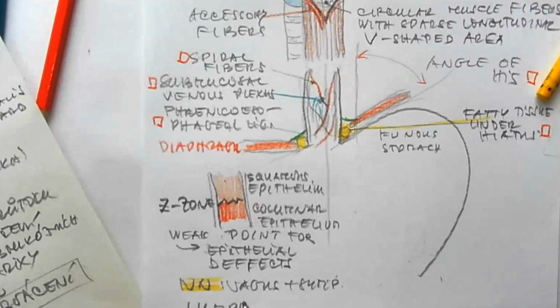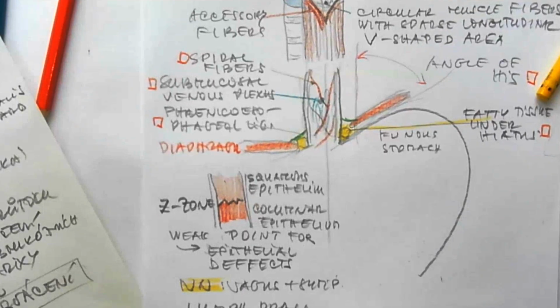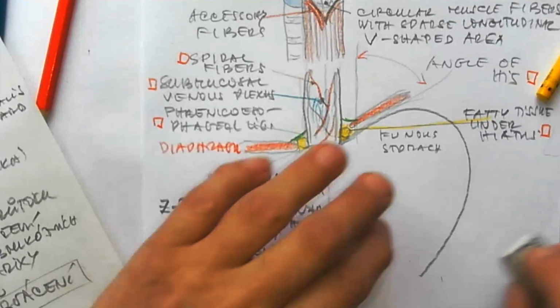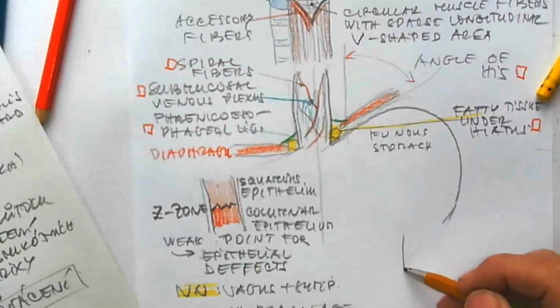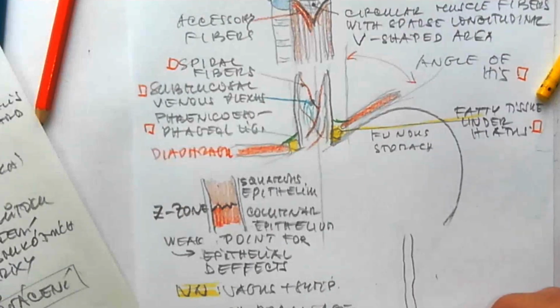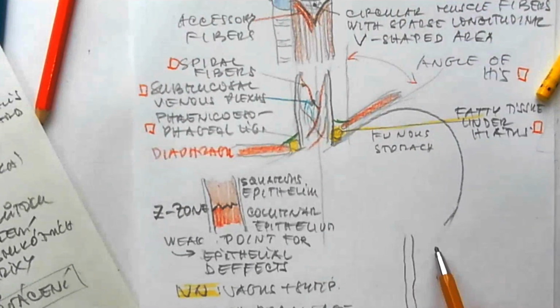For lymphatic drainage we can simply draw the esophagus, like in the previous case, like that.